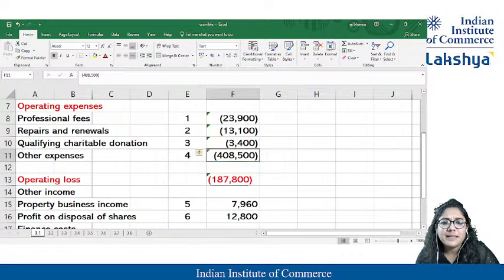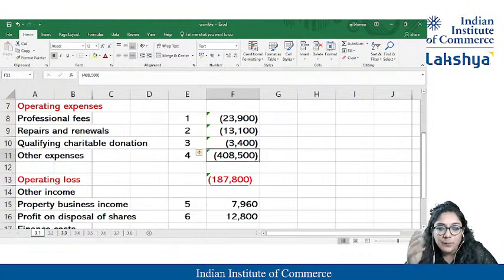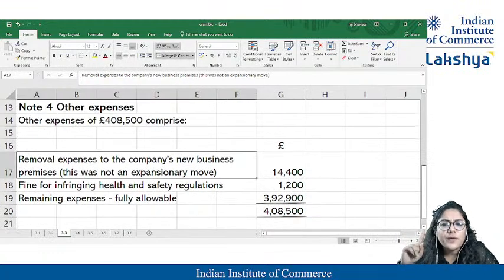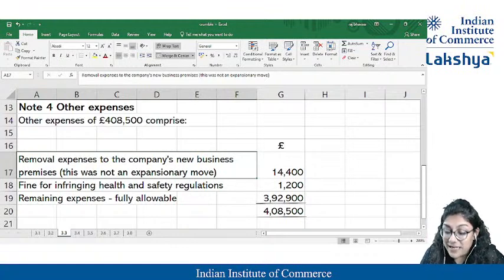Fourth, other expenditure. What is included in the other expenditure? Let's see. Other expenditure comprises all these things. Removal expenditure to the company's new business premises. It was not an expansionary move.